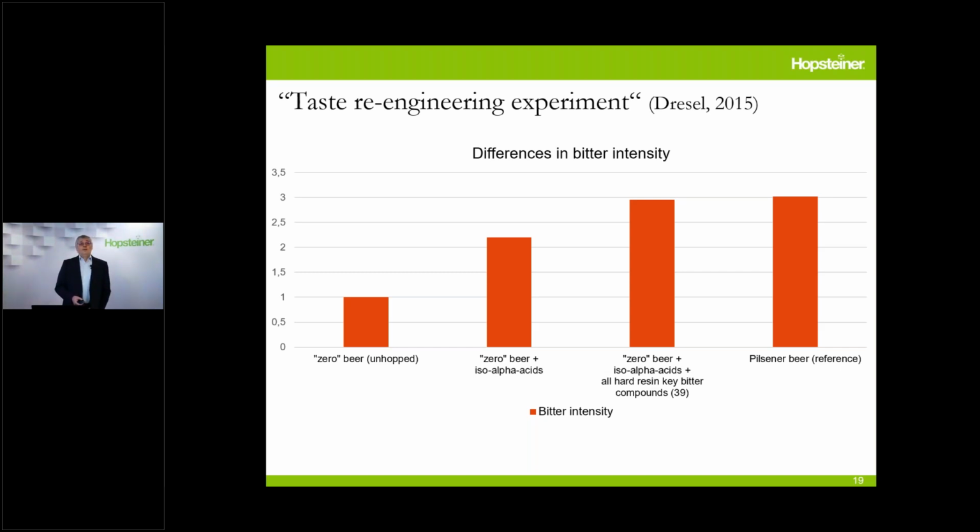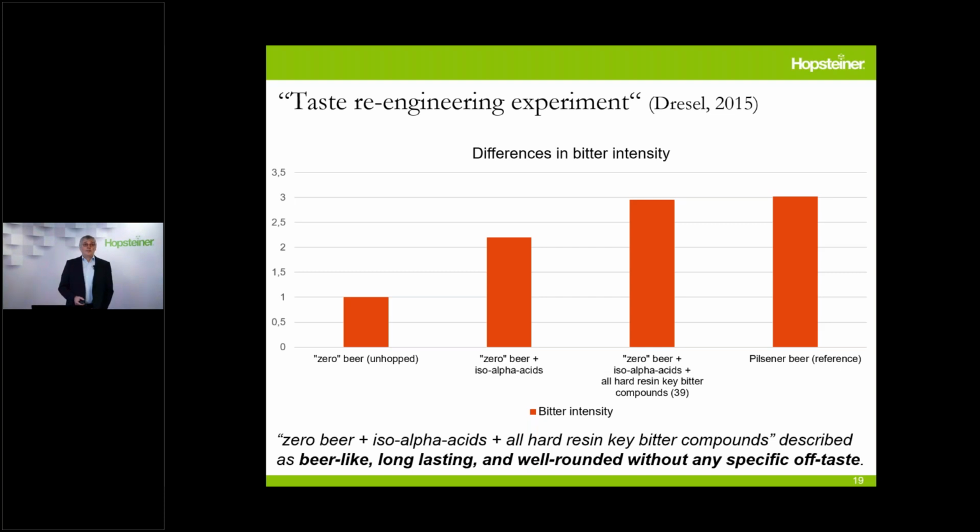And the sensory evaluation showed a bitterness intensity of about 2.2. And only if the iso-alpha acids plus all the isolated hard resin key bitter components were present and added to the beer, the bitter intensity of the reference beer was achieved. So this is a clear demonstration of the additional bitterness coming from the hard resin components.